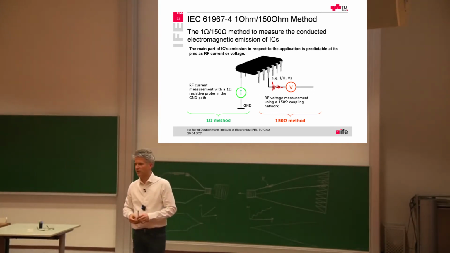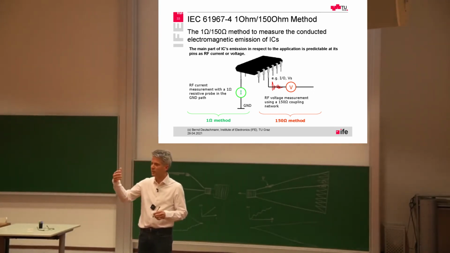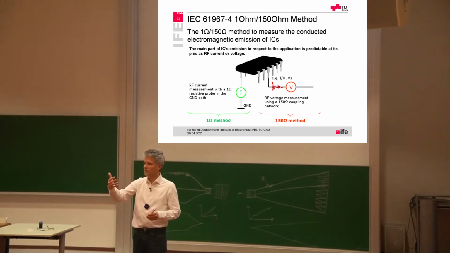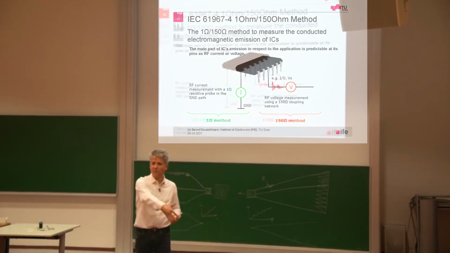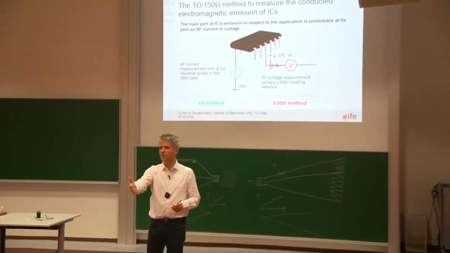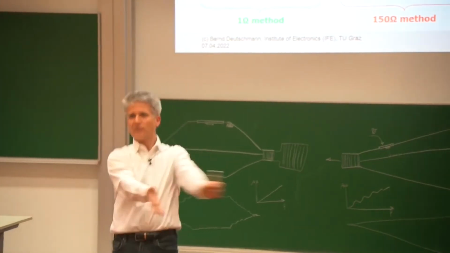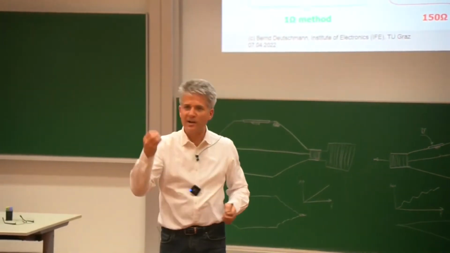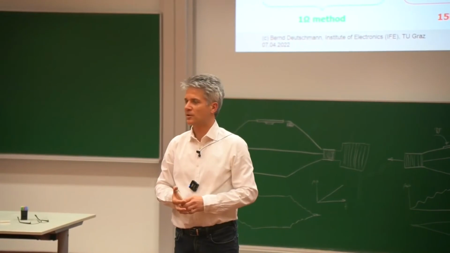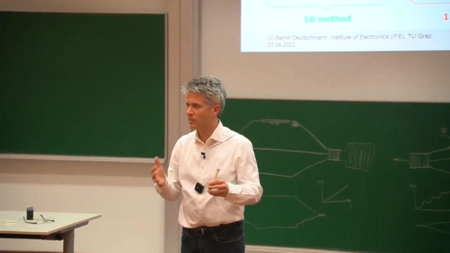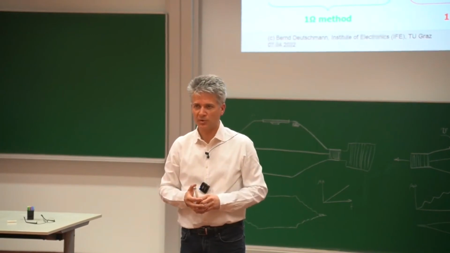And they really had the idea that all the currents are flowing somehow into the IC by the input pins and flowing out of the IC by the ground pin. So the ground pin must be the location where all the juice is summarized and flowing out of the IC. So this is the ideal location to measure the electromagnetic emission, which is somehow true, but not always true in general.